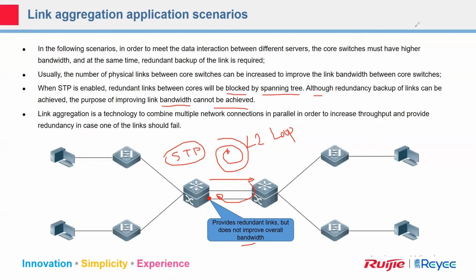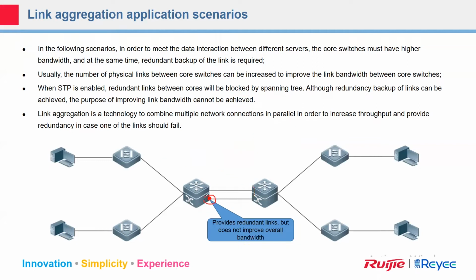Why? Because this port will be blocked thanks to spanning tree protocol, which avoids loops at layer 2. So if this port is blocked, the traffic will go on that port only, going in and going out. So we are not achieving a backup link here.